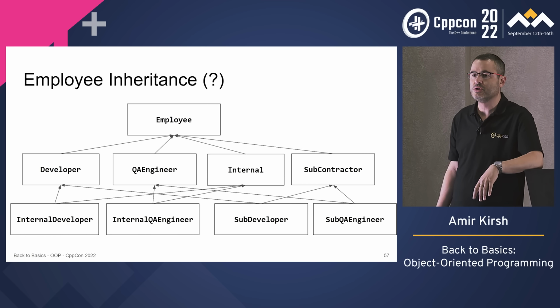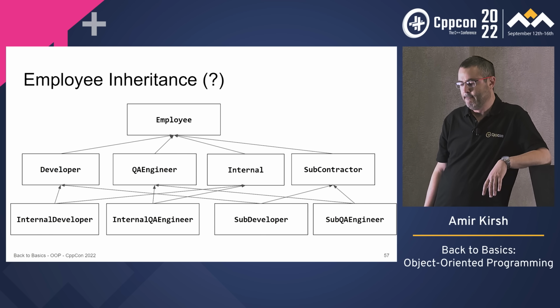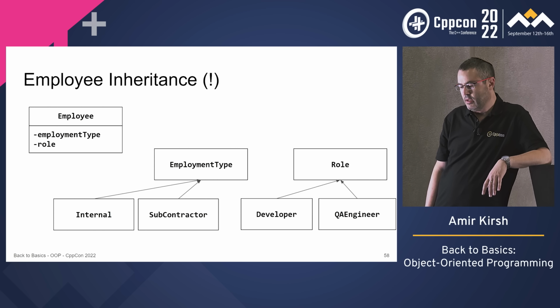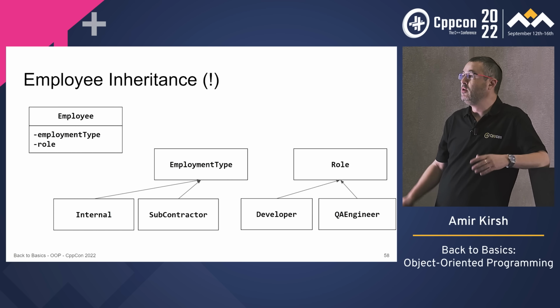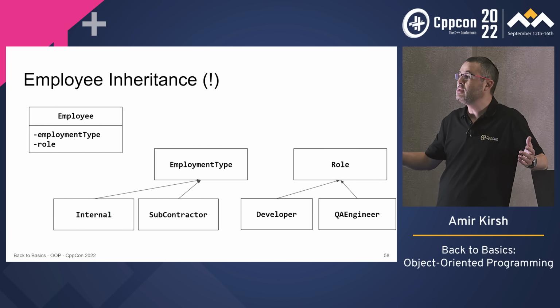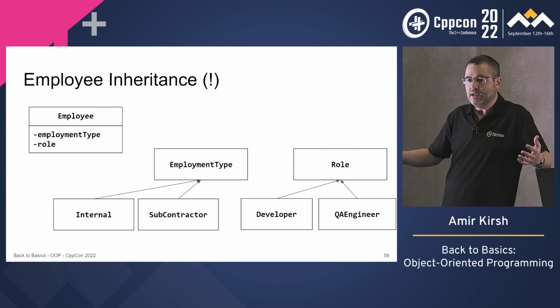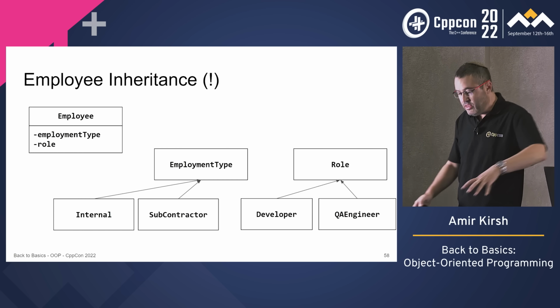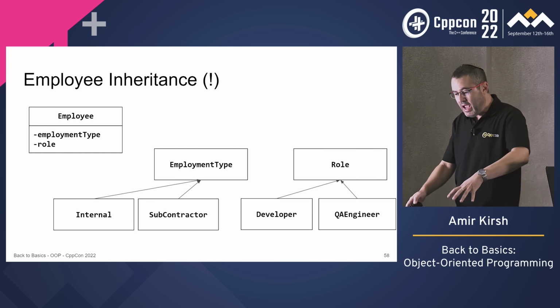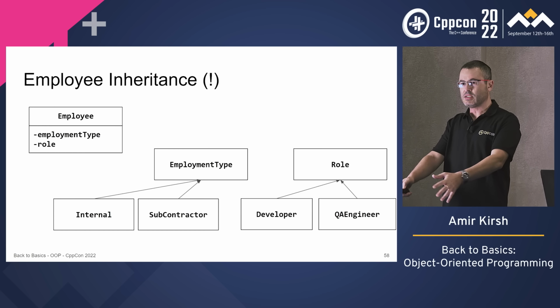So what is the solution? It is quite easy. You should have an employee. It's a very universal message. An employee is an employee, right? It's universal. It sounds good. And then you have employment type and a role. How do we call this pattern?